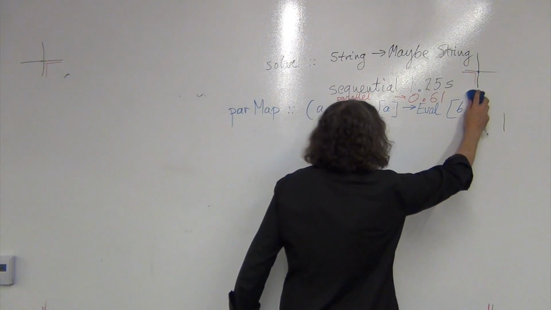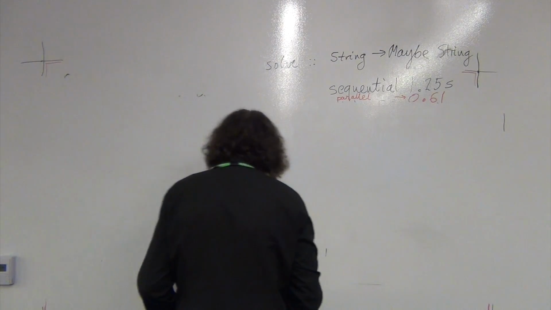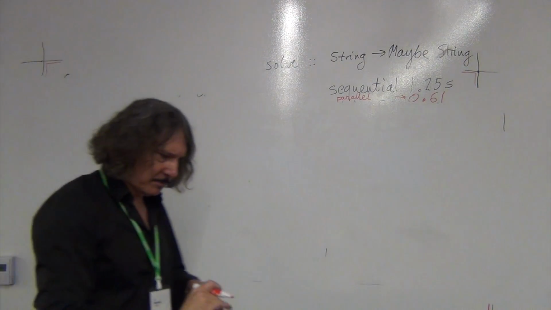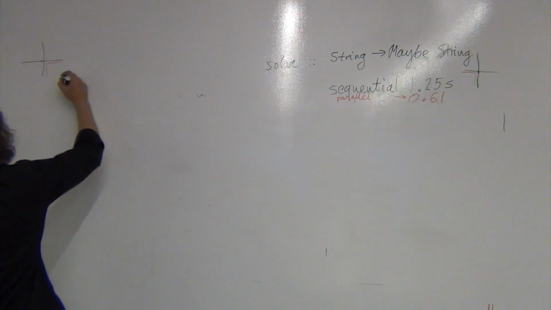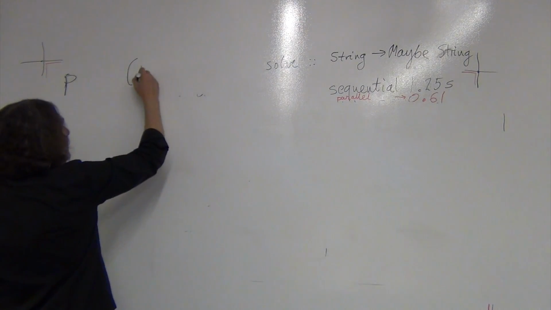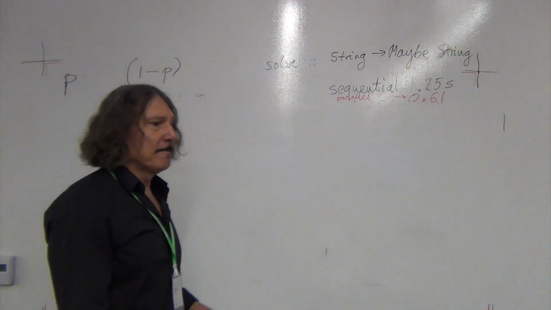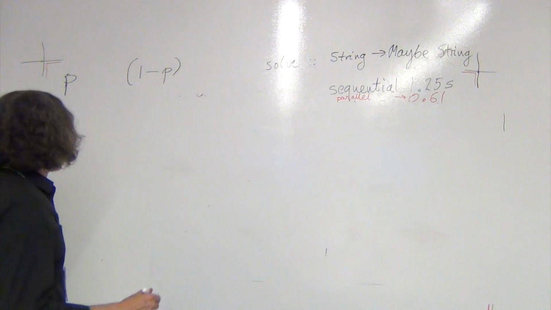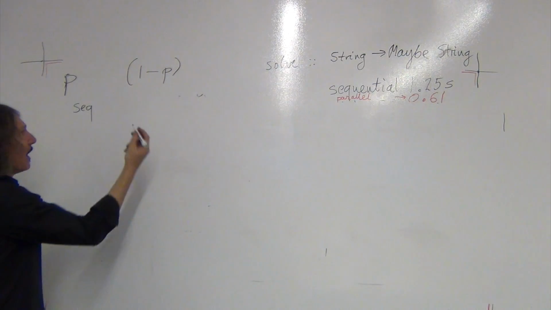So let's assume that there is a fraction of the program that's parallelizable. Let's call this fraction of the program P. P is the fraction of the program that can be parallelized. 1 minus P is the fraction that cannot be parallelized. Okay? So the total time when it's run sequentially is just the sum of these two, and it's 1.